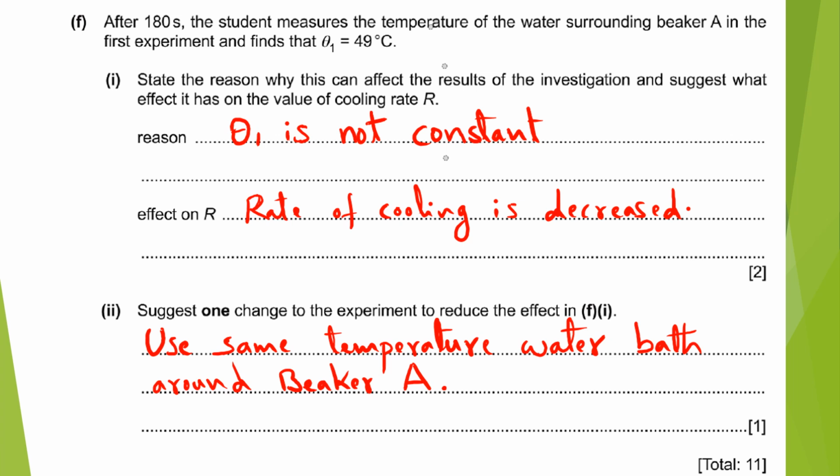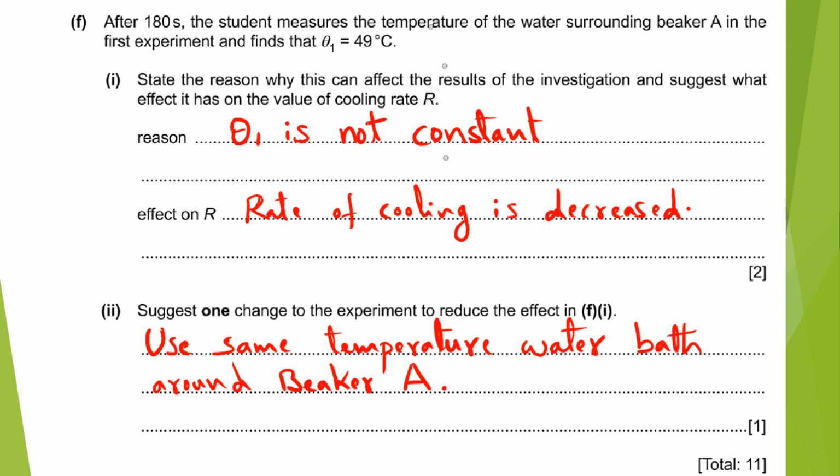In the first case, it is around 62 degrees Celsius and now it is 49 degrees Celsius. So the reason is the temperature is not the same, so definitely it will affect the R value. Since the value is less, the rate of cooling value when we calculate it will be a lesser value, so rate of cooling is decreased.